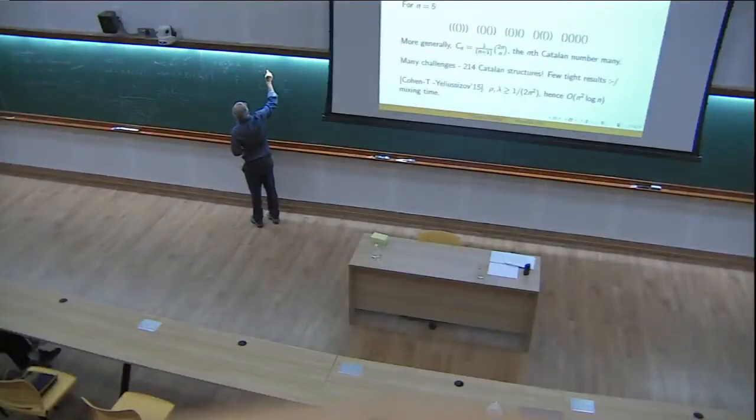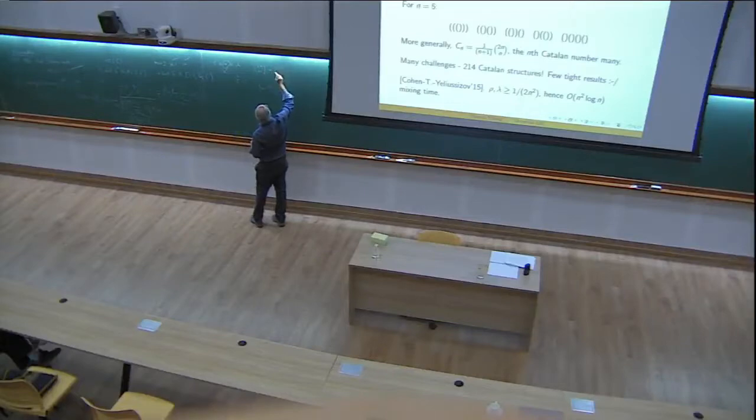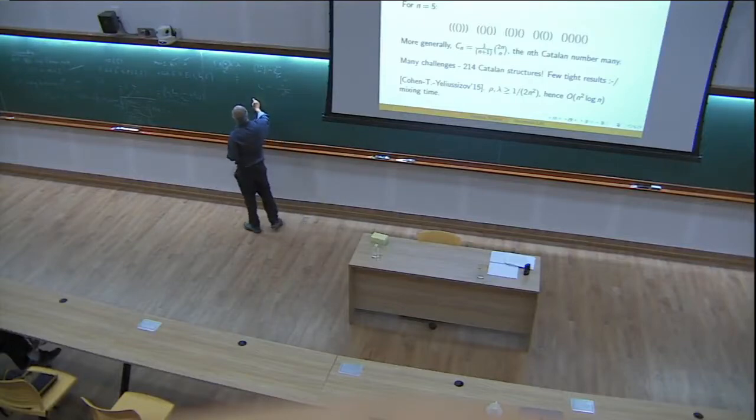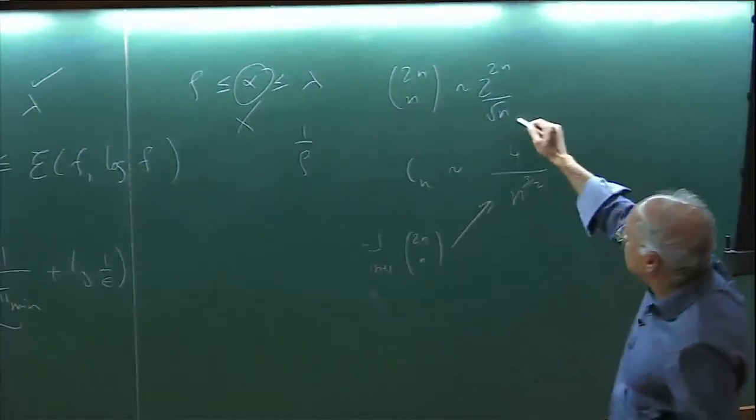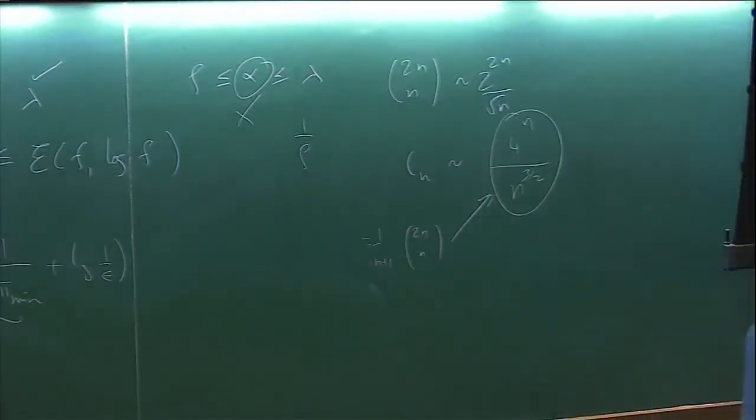Because 2n choose n is like 2 to the 2n over root n, and so Cn, which is 1 over n plus 1 times 2n choose n, is like that. So it's an n to the 3/2 proportion of all possible paths.